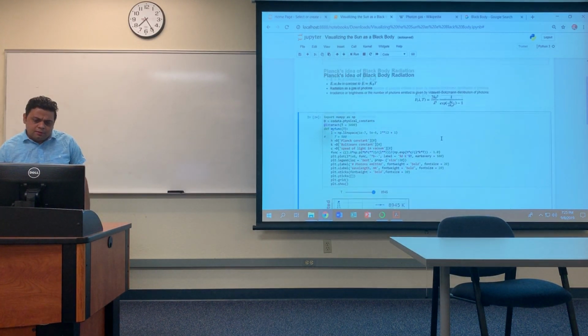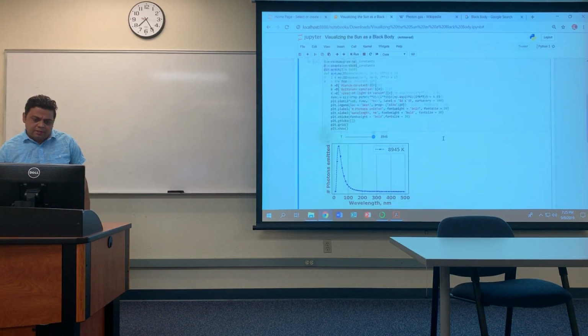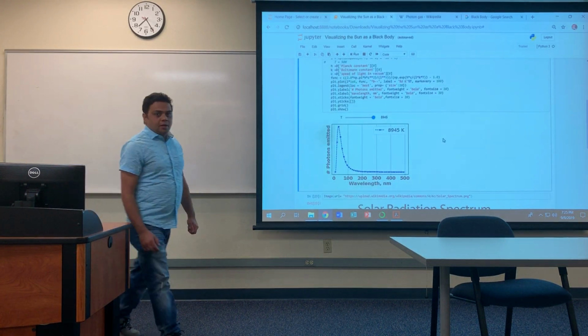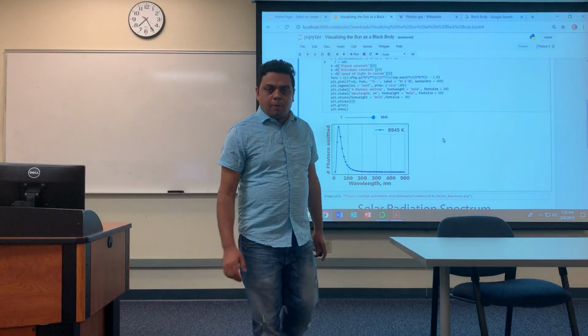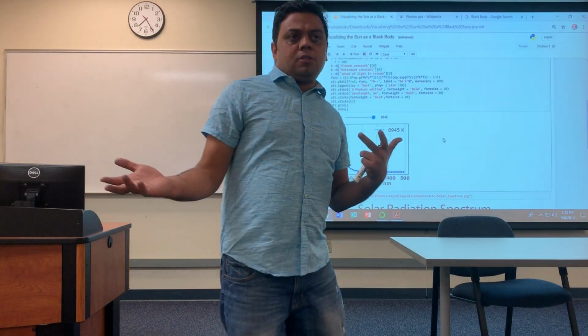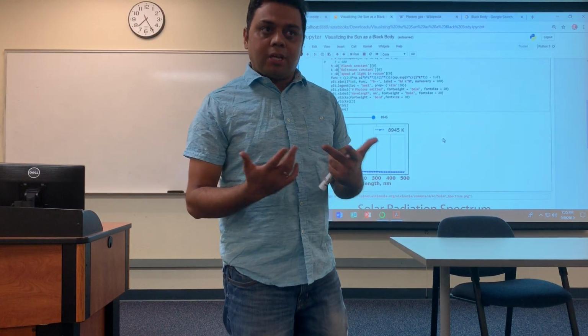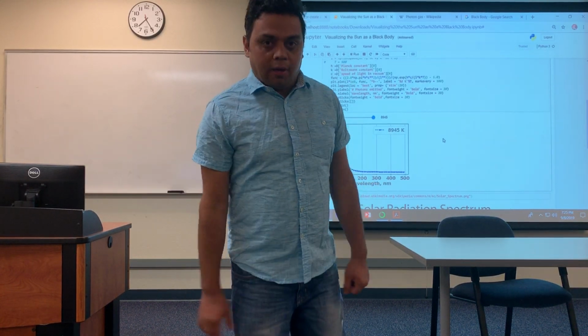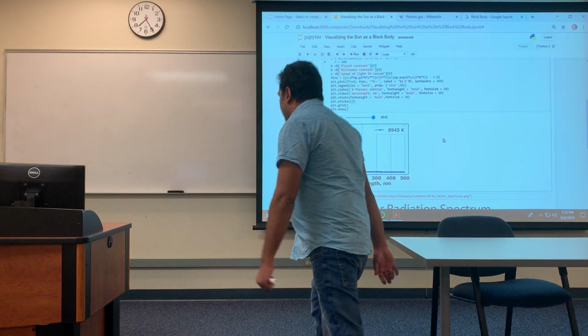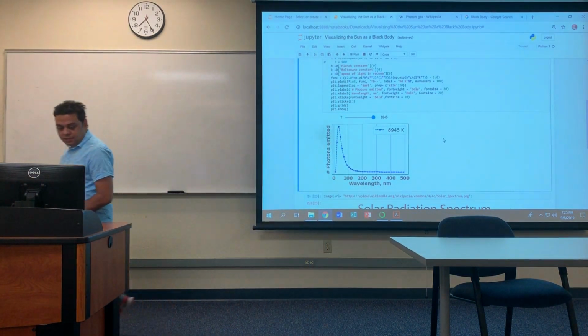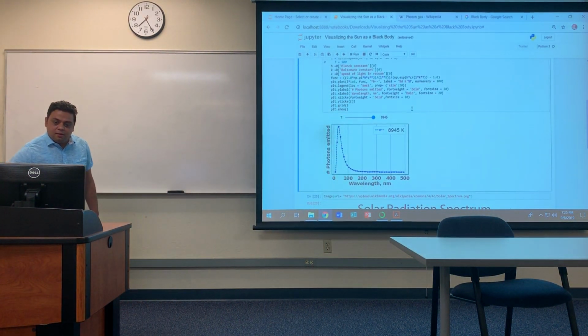This irradiance is basically the measurement of brightness of the black body, right? In other words, the number of photons being emitted per second per unit area. So if you plot the irradiance against wavelength, you get this nicely defined curve.